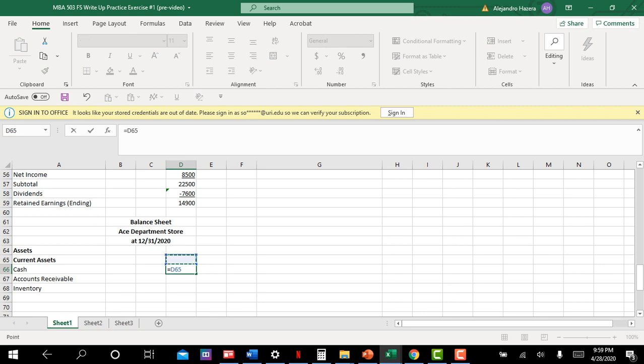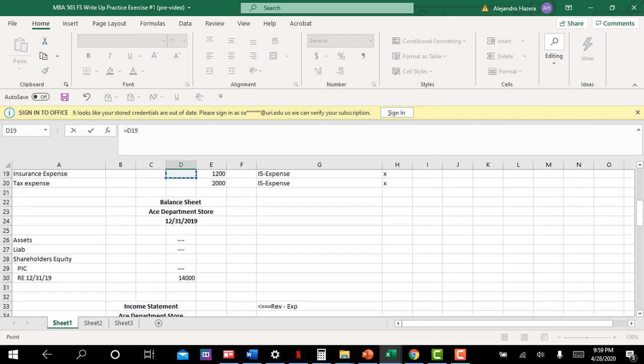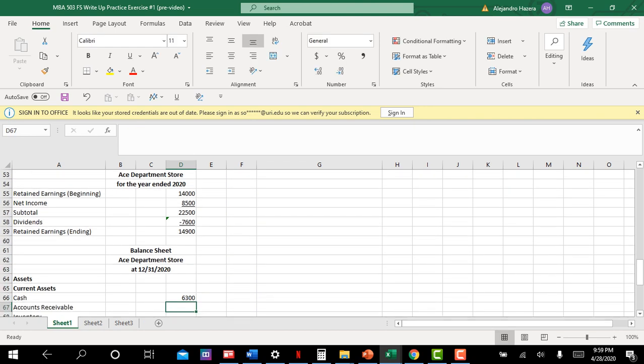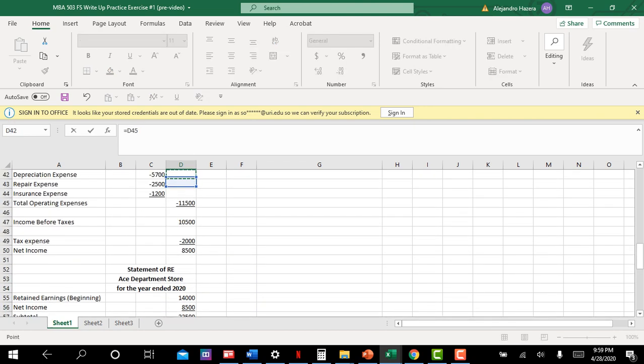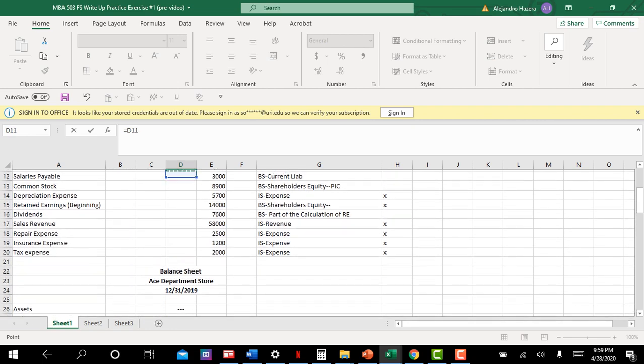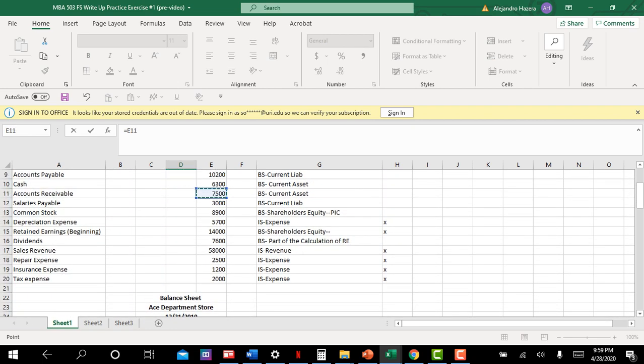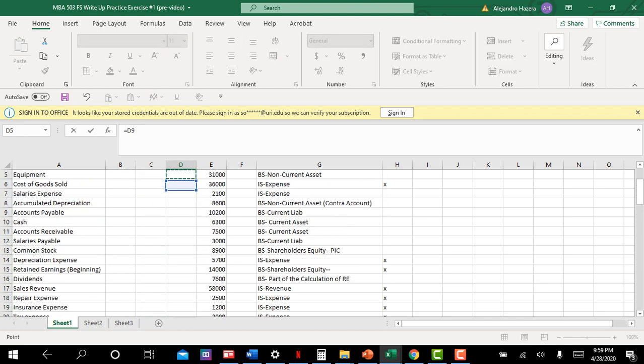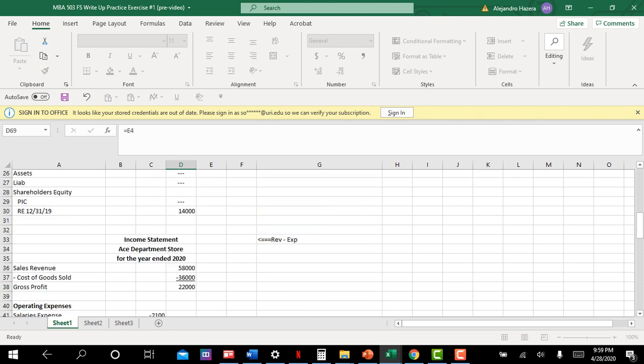Your first current asset is cash. These are all positive numbers because they're resources. Your second current asset is accounts receivable. It's 7,500. And your inventory, which was prepaid insurance, now I changed that. I adapted this example from a service company. That's why.